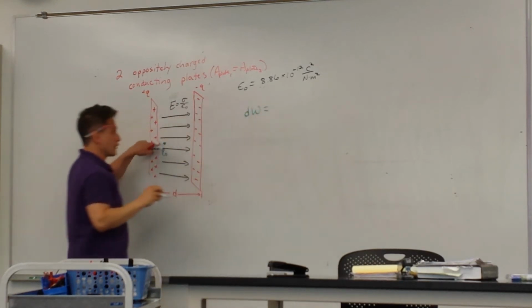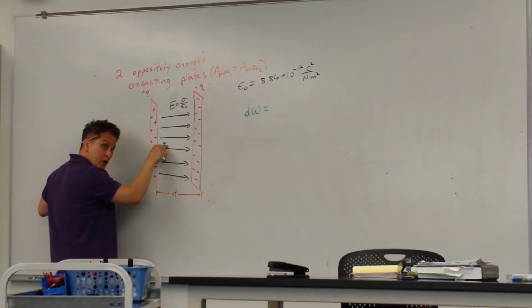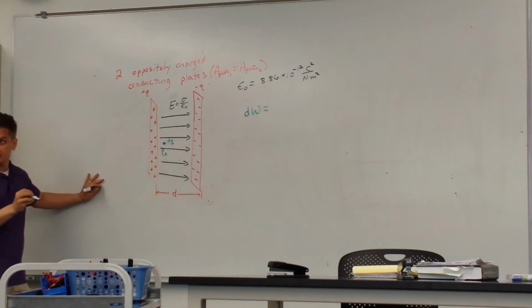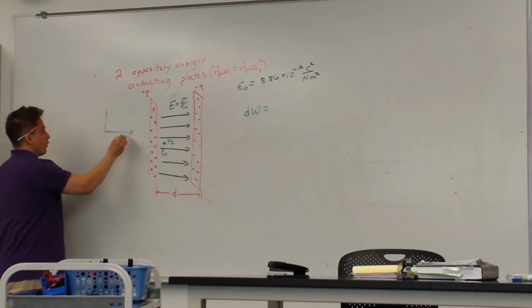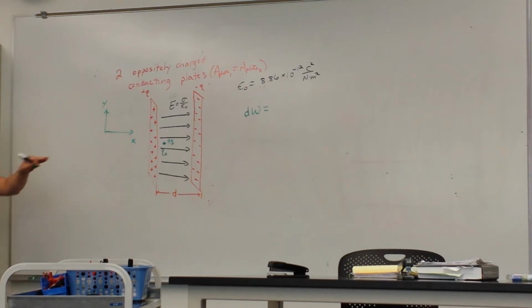The amount of work required, or the amount of work associated with moving this electric charge a certain distance, say dx, in a coordinate system here, so we're consistent. If it's positive charge, it would be in the direction of the electric field, negative charge opposite.